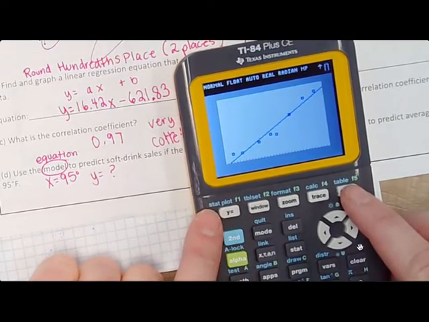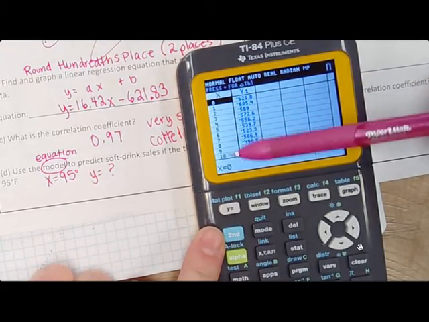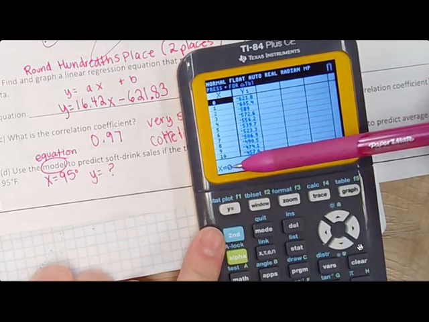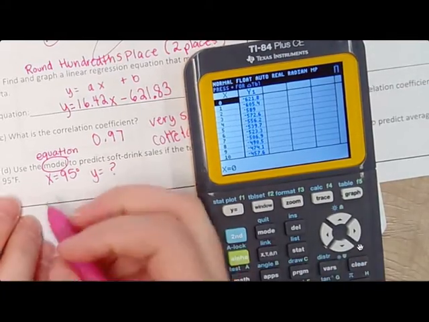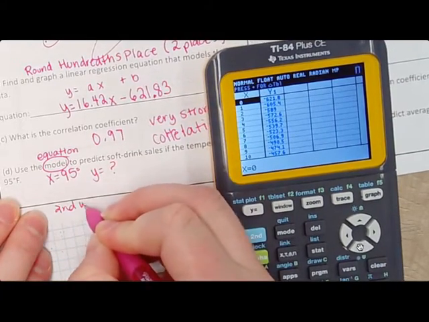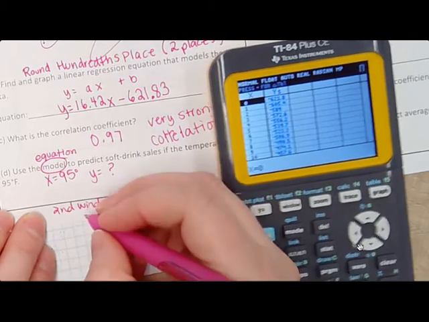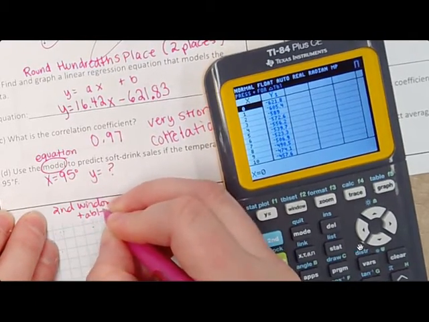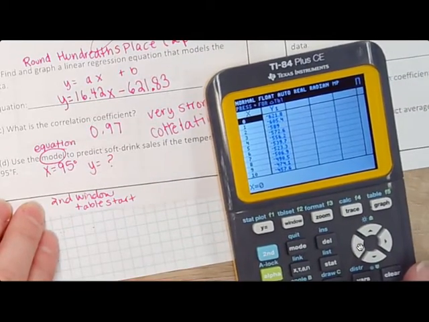So I'm going to use, since I put that into y equals, my table of values. So I'm going to go second table. But who wants to push this all the way to 95? I don't. So what I'm going to do is second window, and I'm going to change my table start value to be 95.